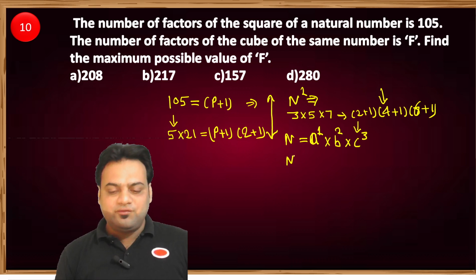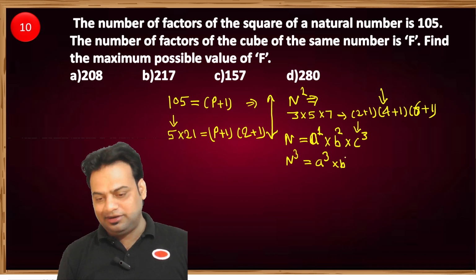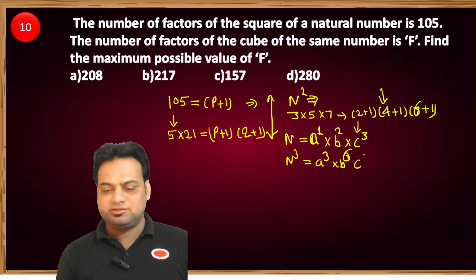If we take n cube, then a has power 3, b has power 6, and c has power 9.